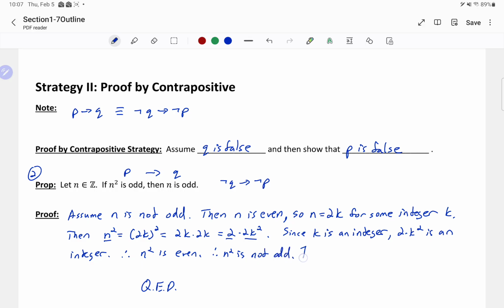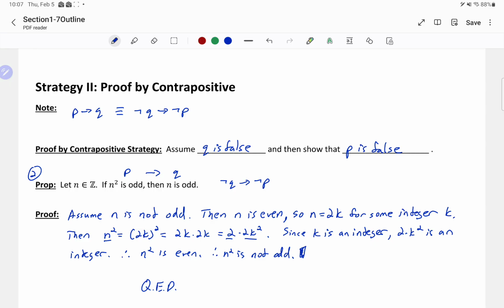Based on where we are in the proof process, you are correct. I should have said that. We assume n is not odd, and then prove that n squared is not odd. In anything beyond an introductory proofs class, we would just use not odd and even interchangeably. But at the level that we're at, we should state it that way.